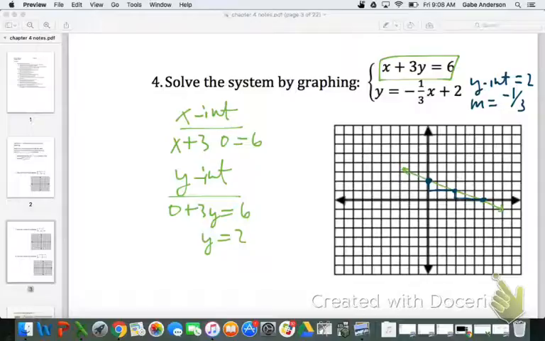So as I try to connect those points, isn't my blue line essentially right on top of my green line? Yeah? I'll get your question in a second. So essentially what we have here is the same line. If I had taken this top green line and put it in slope-intercept form, wouldn't I have seen that? Maybe some of you did that. It's like already it's the same line. So remember, the solution to a system is where the lines cross.